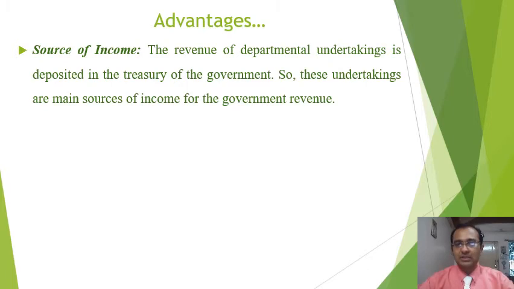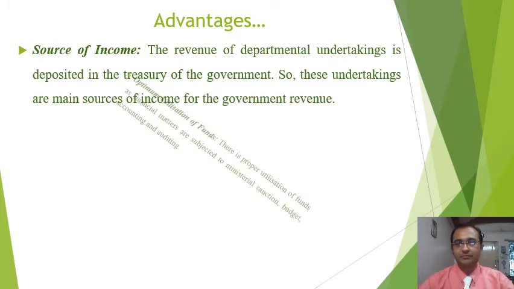So this income becomes the main revenue of the government. That is why it is said that these departmental undertakings are a great source of income for the government revenue.